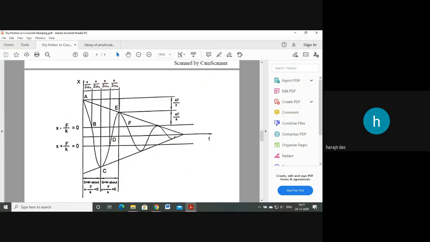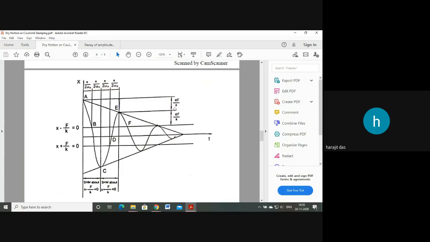In the next task we are going to see by what amount the amplitude is decreased. From x equals 0, this is the amplitude, and from x equals 0, this much is the amplitude. By this much length the amplitude is reduced, and it is given as 4f upon k. But how will this be 4f upon k?